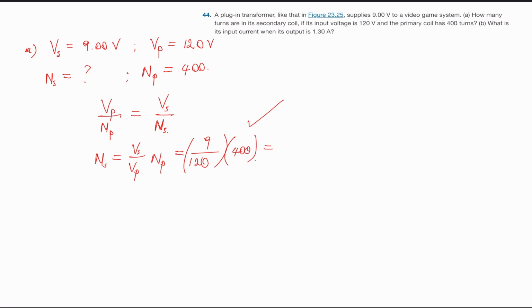Now, conceptually, this is sufficient. We have, in principle, the number of turns. You might find, for instance, a number that has decimals. This means typically you might have to round it to the nearest integer. Because remember, at least a physical number of turns must be an integer number.